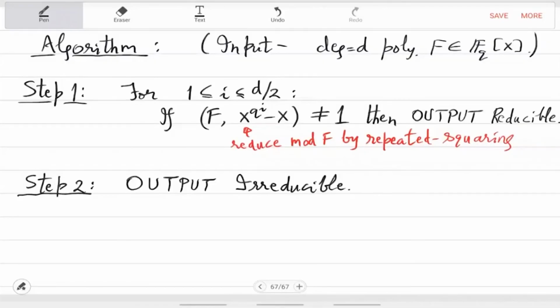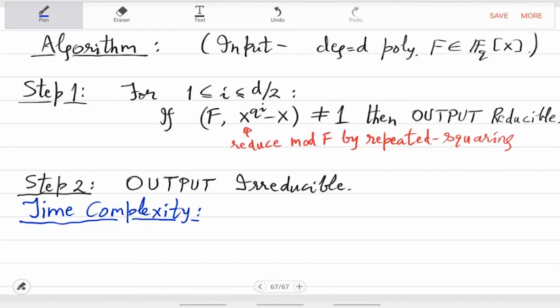Is this clear? So the proof of correctness of this algorithm should be clear by the theorem. Right? That is straightforward. It's only the time complexity that we have to analyze. So what is that?